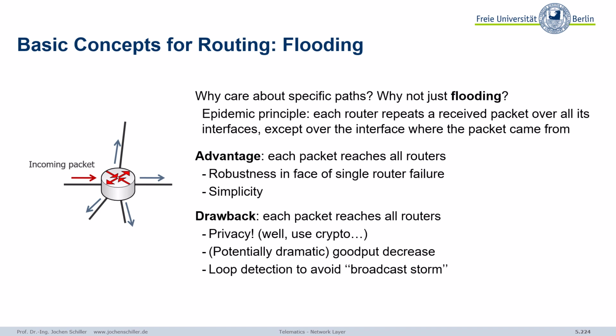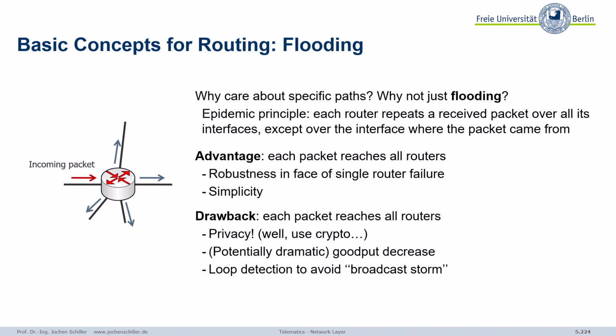But you can imagine big drawbacks. I mean, yes, all the packets reach all the routers. So yeah, you can encrypt them. So privacy is not a problem. But potentially you have a dramatic throughput decrease. Think of flooding worldwide networks with your packets. And then we need loop detection. Okay, we have the TTL, so we have some storm at least until all the packets die.